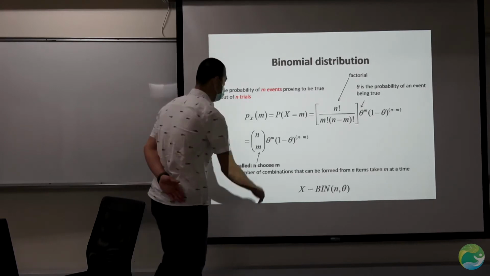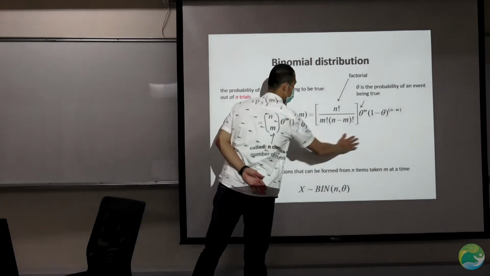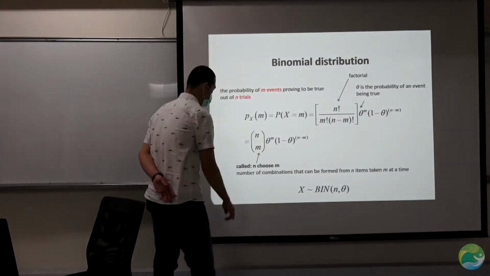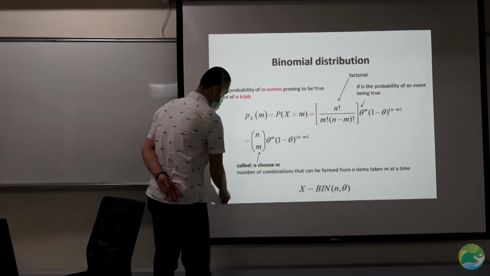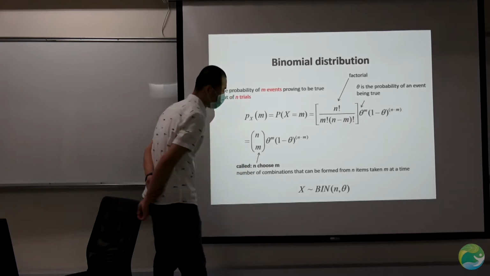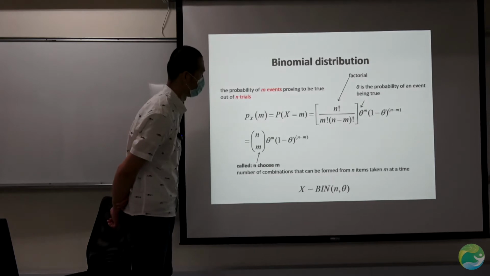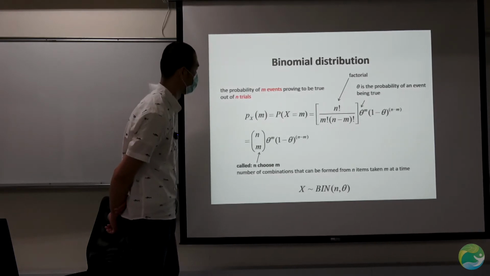So this PMF can be described by this formula. What is this here? Here is called n choose m. It's the number of combinations that can be formed from n items, taking m at a time, okay?